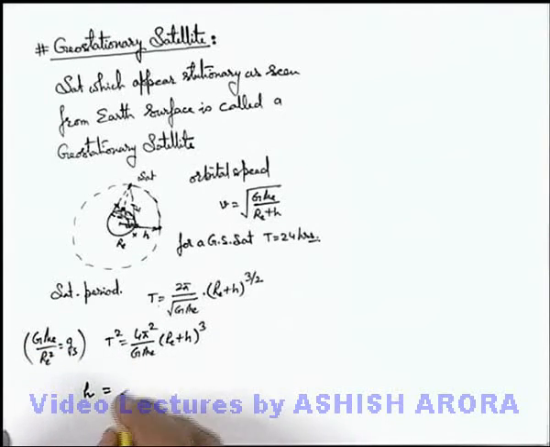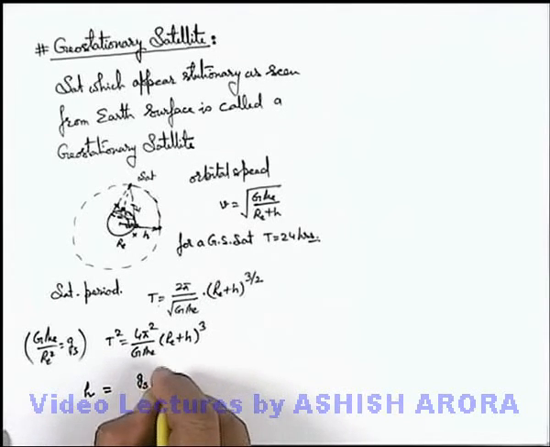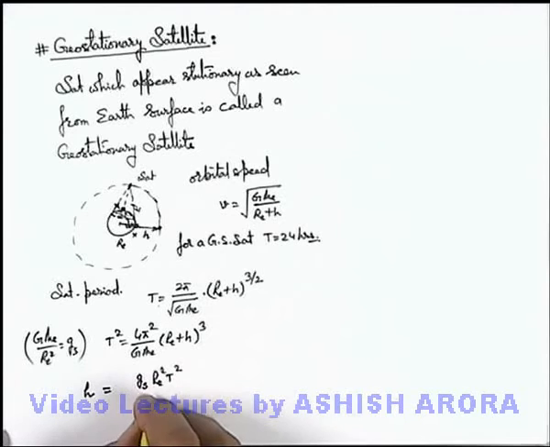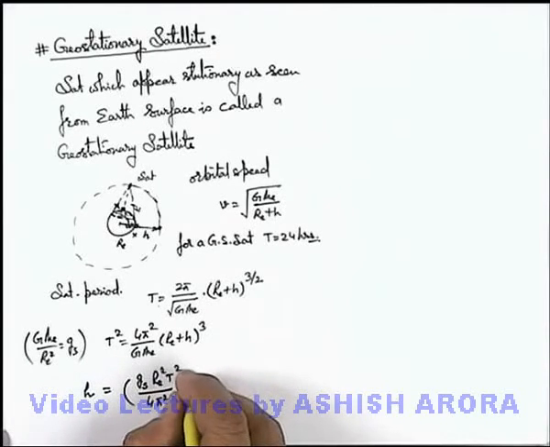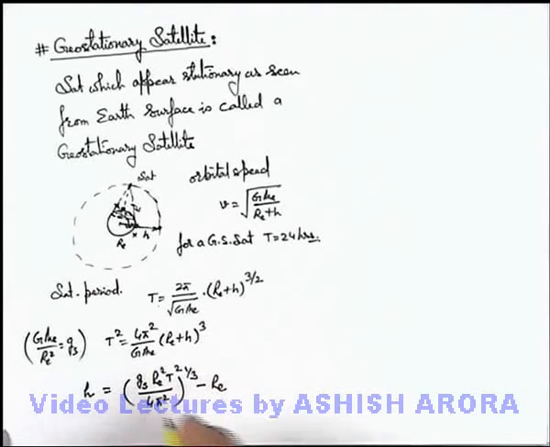Substituting and simplifying, h equals (gs RE squared T squared divided by 4 pi squared) to the power 1 by 3 minus RE. On simplifying, the value of h is approximately 35950, or approximately 36 into 10 to the power 3 kilometers.